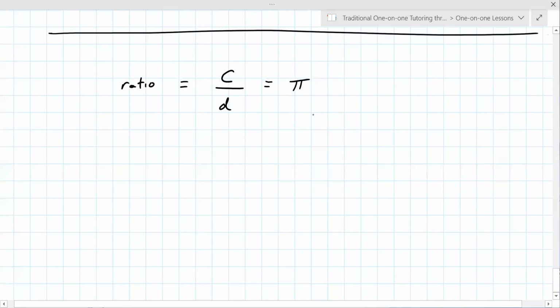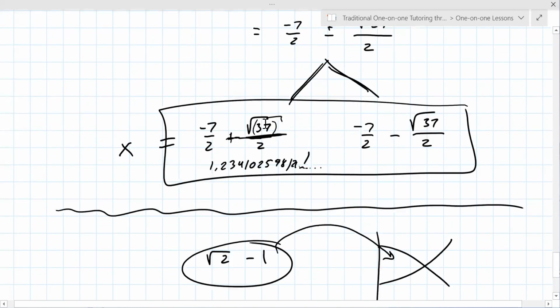So if we don't know what to call something, we make up a symbol, like pi in this case, and we accept it and move on. We say that this is the representation of it. So in your problems, you're going to see a lot of answers like the square root of 37. That's just the way it is.